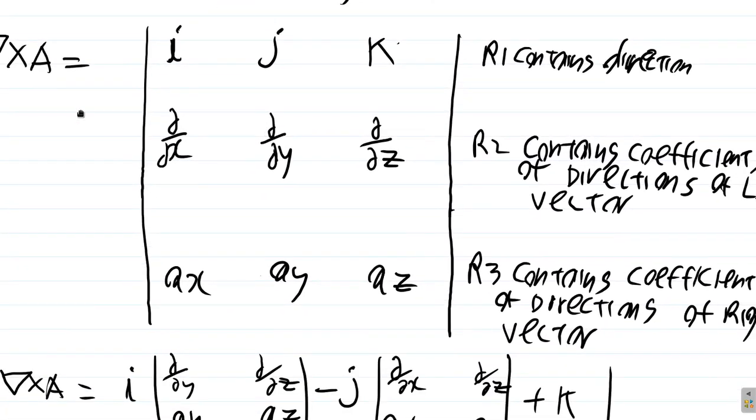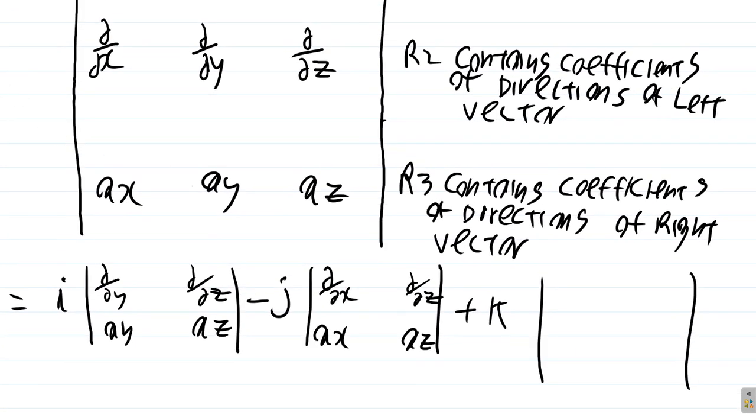You cover the row and column with k, so it's going to be delta by delta x, delta by delta y, Ax, Ay.